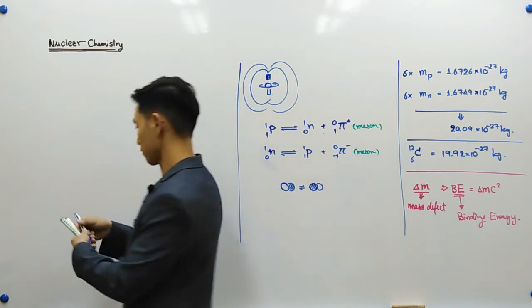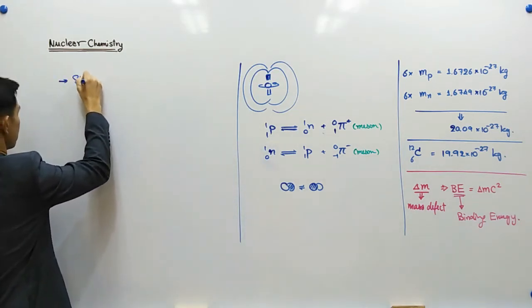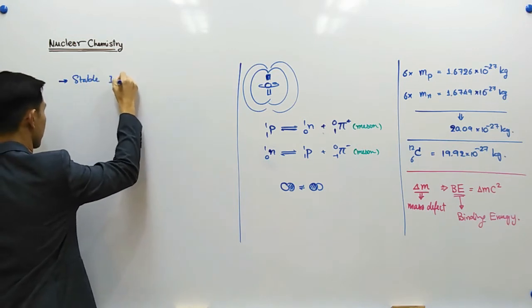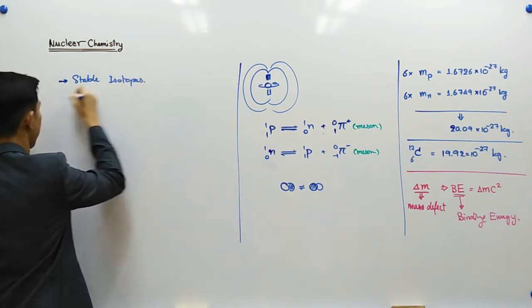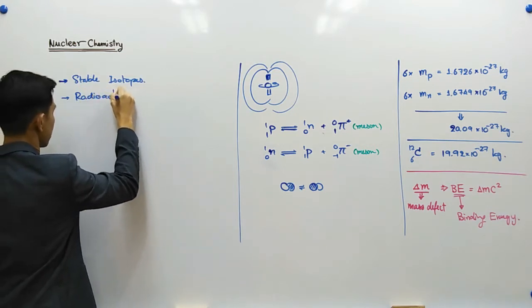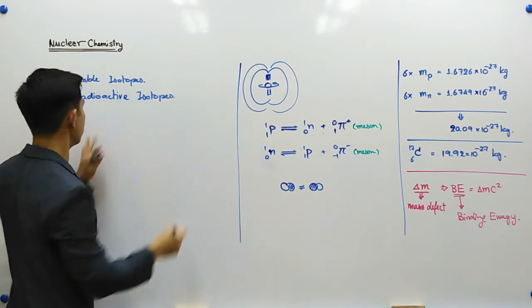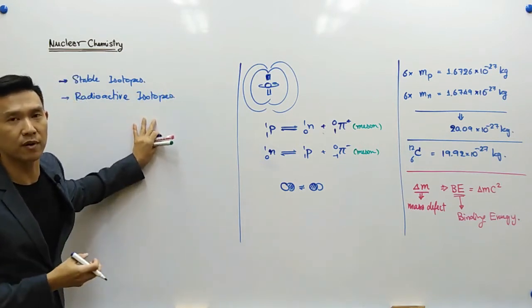So isotopes of an element can be divided into stable isotopes and what are called radioactive isotopes, because these are the unstable isotopes.